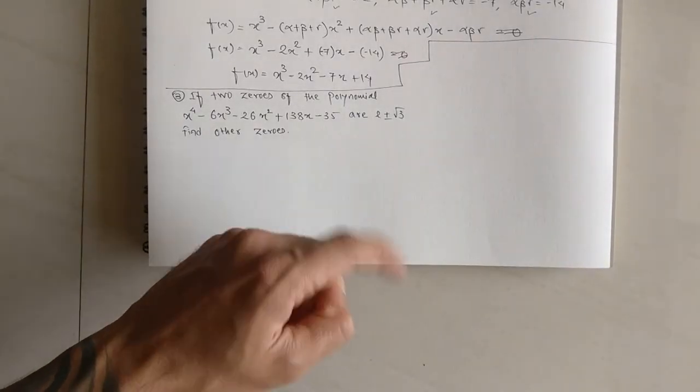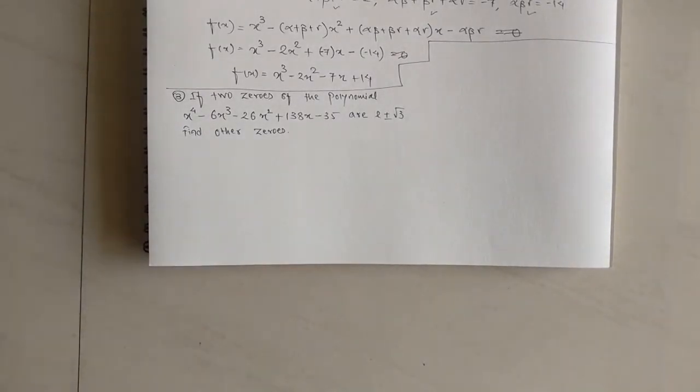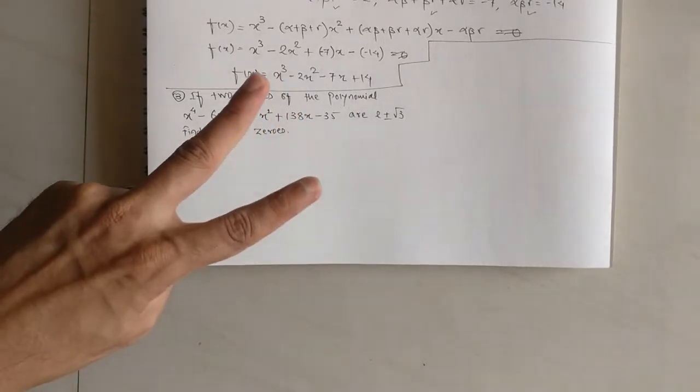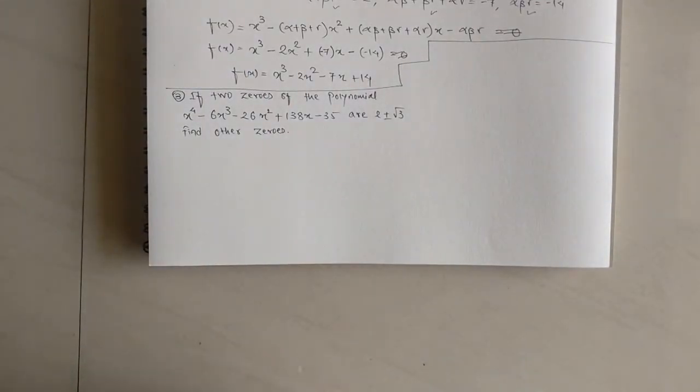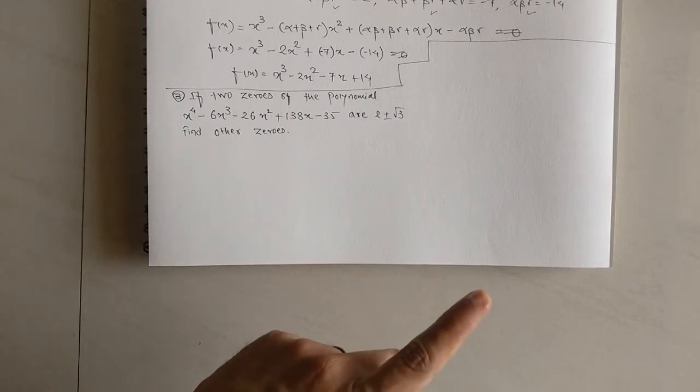Here they have given us 2 zeros already, that is 2 plus root 3 and 2 minus root 3. You have to find other zeros. Other zeros means how many more zeros you have to find? 2 more zeros. You already know 2 zeros, 2 plus root 3, 2 minus root 3. You have to find 2 more zeros, right?